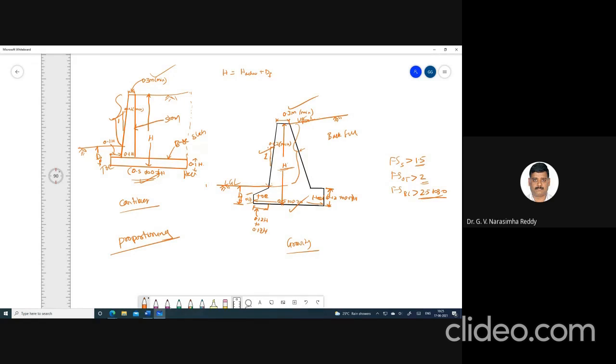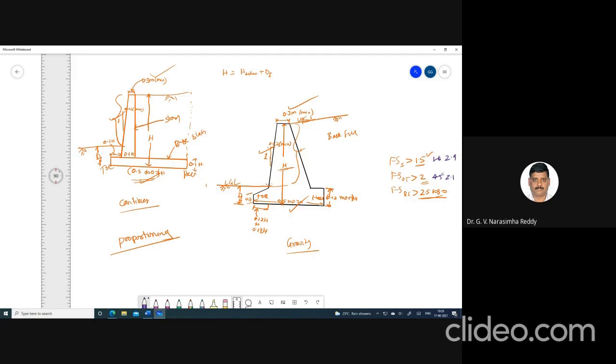Suppose you get 1.5 here, and whereas here, instead of 2 you are getting something different. Instead of 2 you got, let's say, 4.5, whereas here you got 1.6. That means here you are getting a very high value, or let us say here you may get 2.1 and here it may be 2.9, something like that.